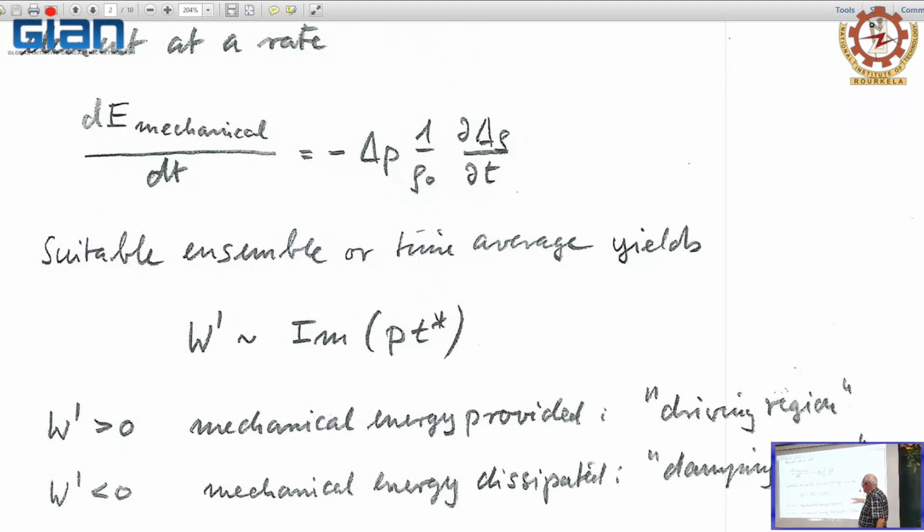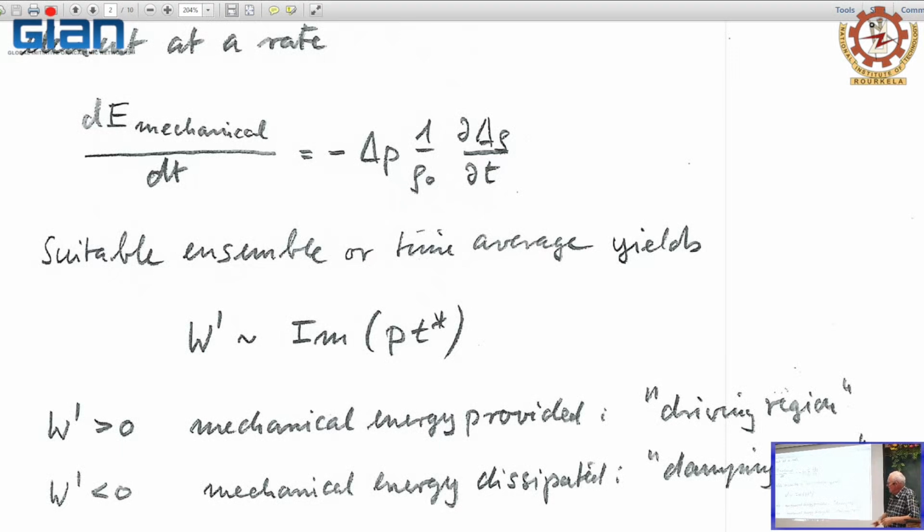Okay, this is per mass or per integration interval. We have used log P naught as the independent variable, so this is the energy per interval in log P naught. Once we would like to know whether we have an excited or a damped mode, we have to sum up over all the mass elements, summing up W dash over the driving regions and the damping regions.